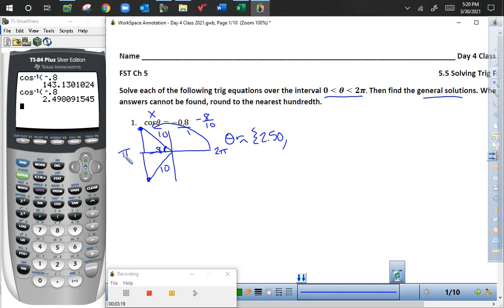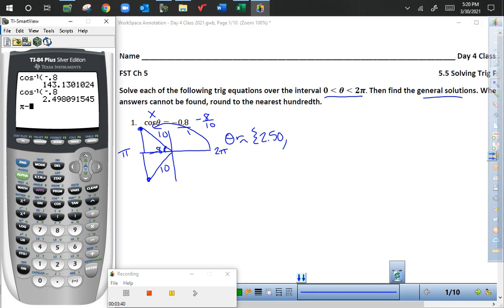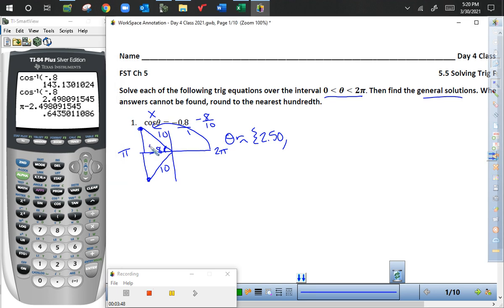So here is regular pi, and what we want to do is find this angle, and to do that we just subtract off what we know already. If you take pi minus that value, you can get the small angle that goes inside the triangle, and that's about 0.64.